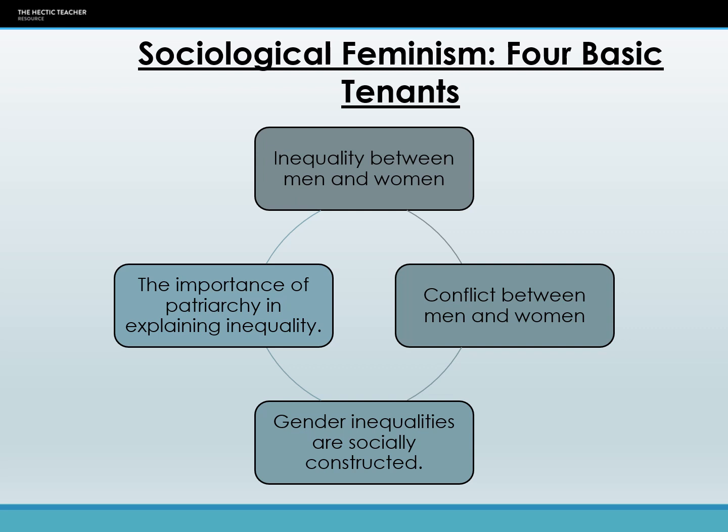So all forms of feminism, regardless of whether they're radical feminist, liberal feminist, Marxist feminist, intersectional, black feminist, dual systems feminists, all the different types of feminists agree to these four basic tenets. That there is inequality which leads to conflict, that gender inequality is socially constructed, and patriarchy is the cause of this inequality. So what does that mean, that society is patriarchal?